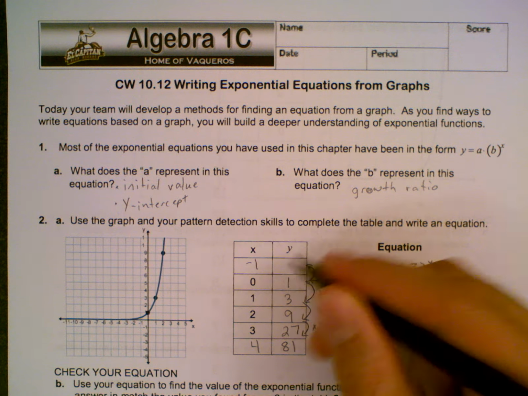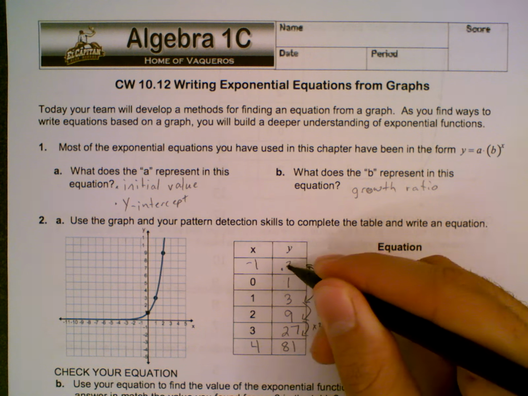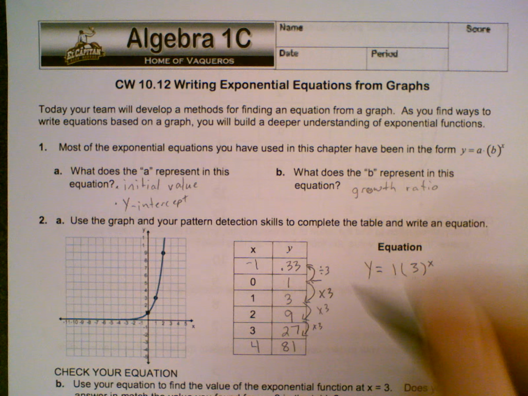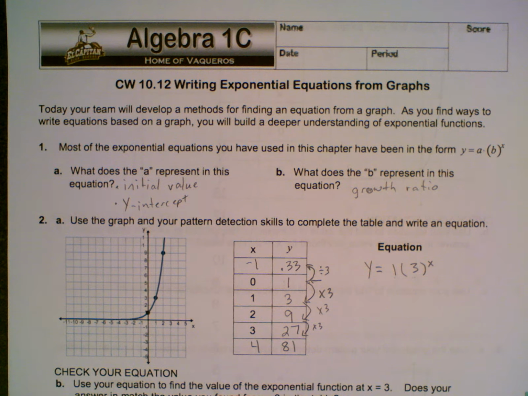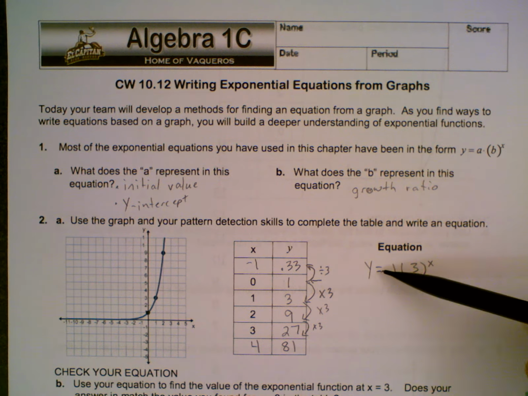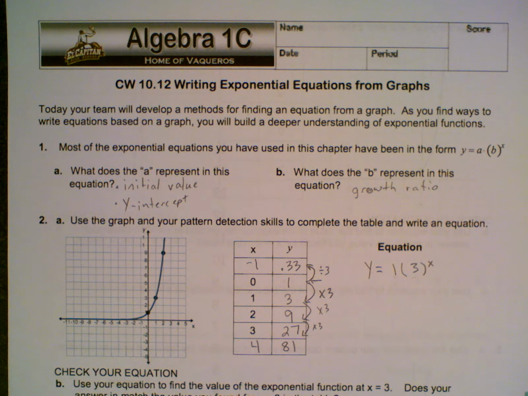So 1 divided by 3, you can put that in your calculator if you need to, or it is just 1/3, so 0.33 repeating. Notice this equation, we don't actually need the 1 here, so if you gave me the equation y equals 3 to the x, I would also take that, but it's totally okay if you want to put the 1 there.